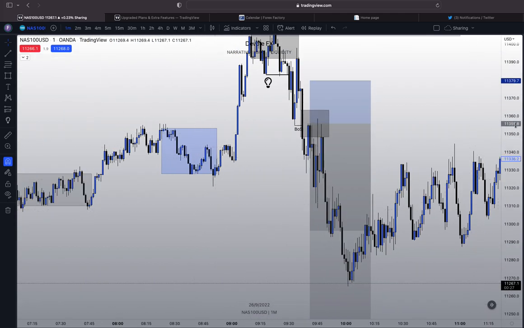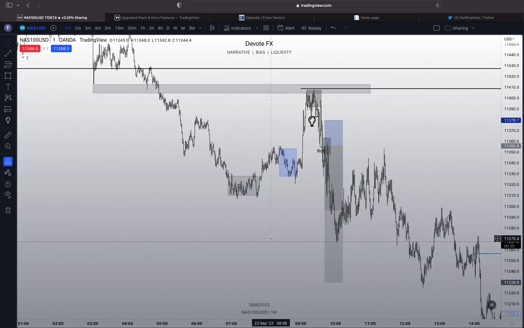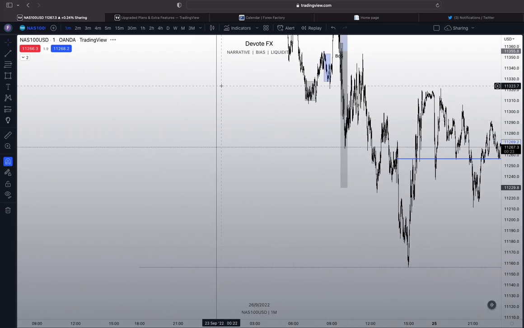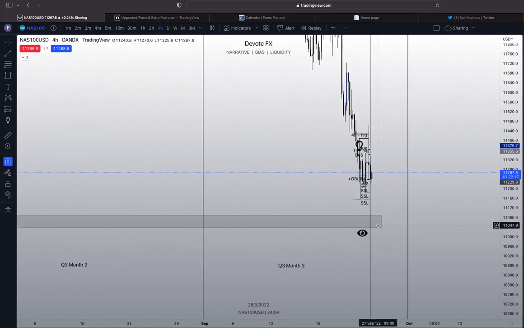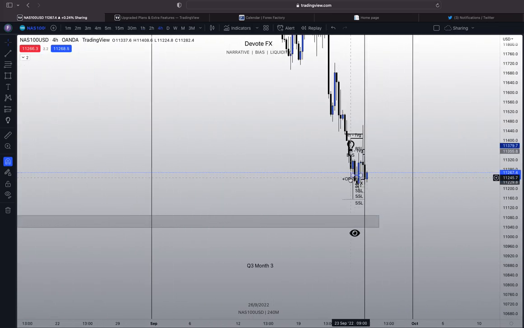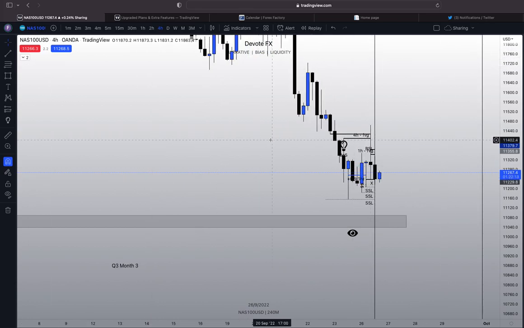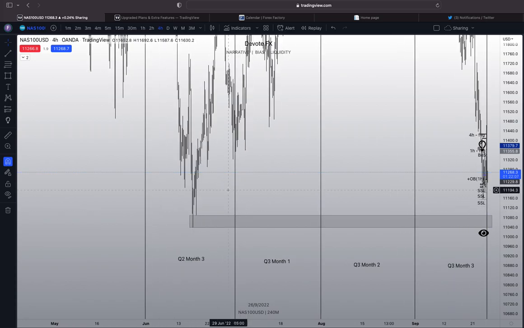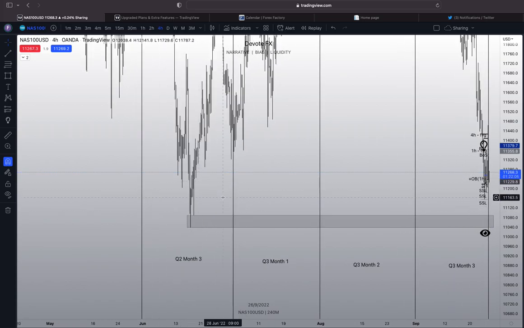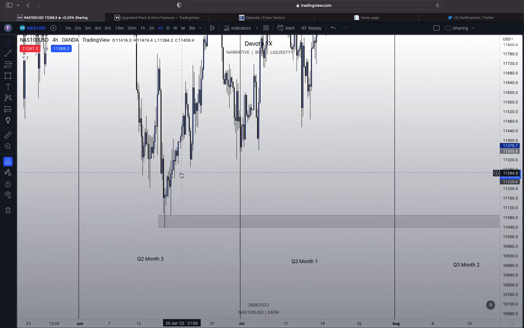Now my original target was the lows for the 4-hour. I was looking for this liquidity pool to be struck into.